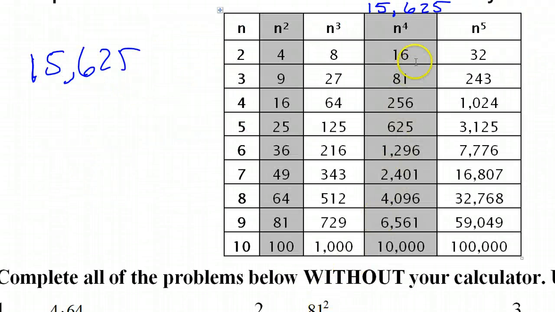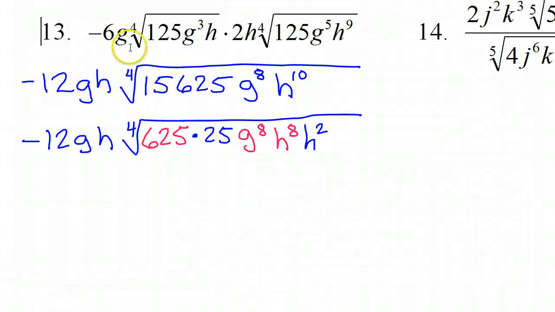Now, the fourth root of 625 is 5. So, I will have a 5 from this. Dividing by 4, I will have g squared and h squared, for the same reason.